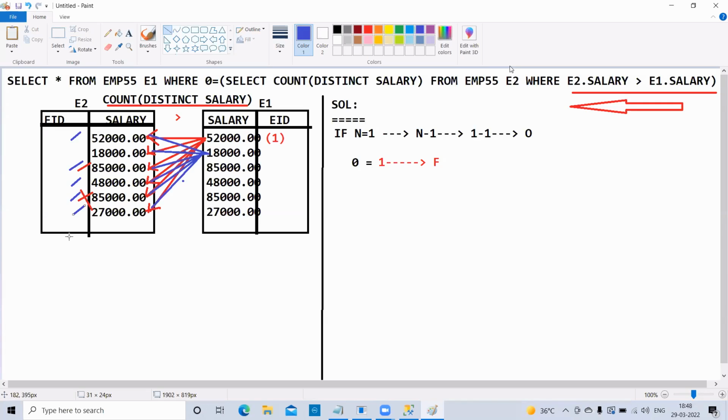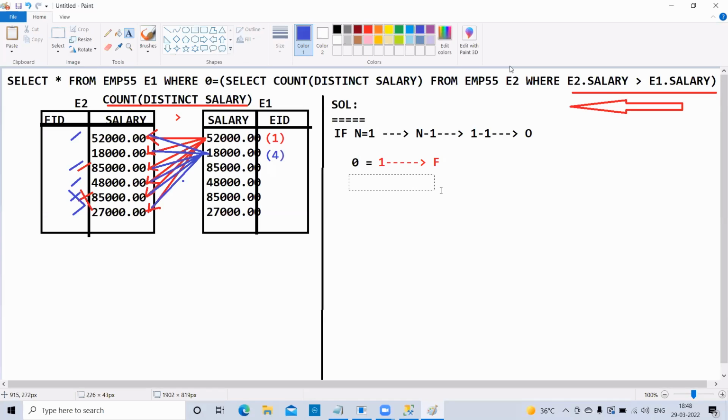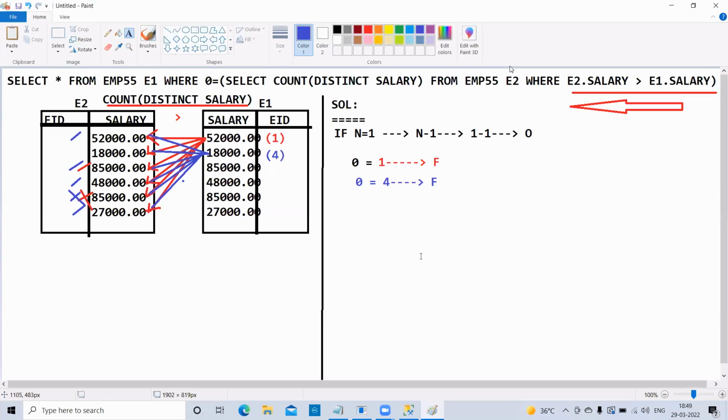But out of 5 values, one is a duplicate. Duplicates don't count, so when you remove your duplicate, then remaining how many values are there, guys? The remaining values are 4. And the 4 is compared here. So outer query 0, 0 is equals to 4. Condition true or false? Condition is false.